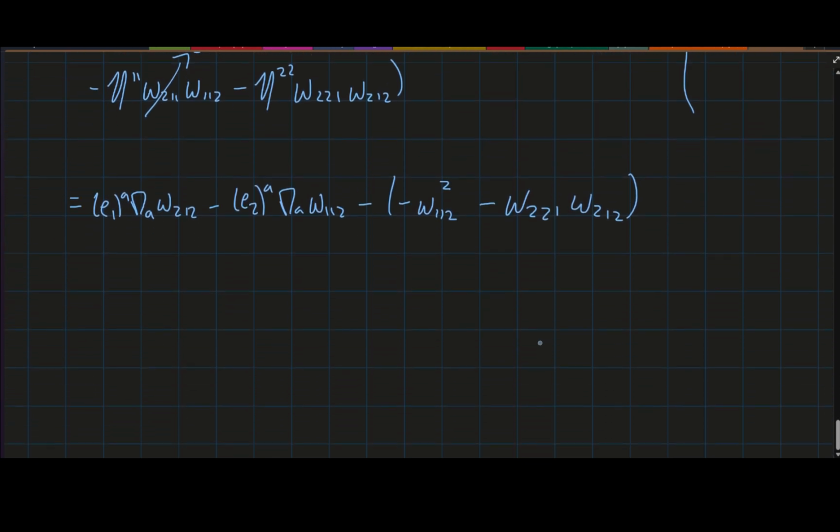So actually, because of the antisymmetry property as well, we can rewrite the brackets like this. Minus omega 1, 1, 2 squared plus omega 2, 1, 2 squared.